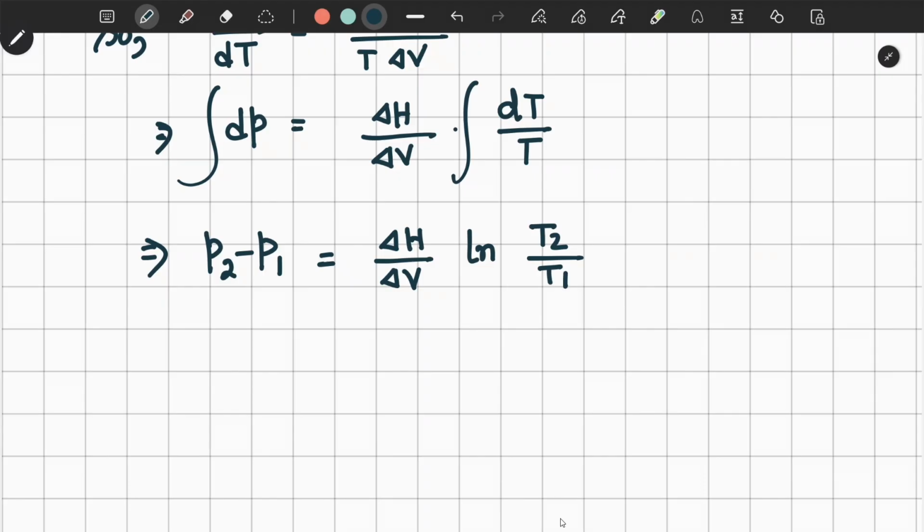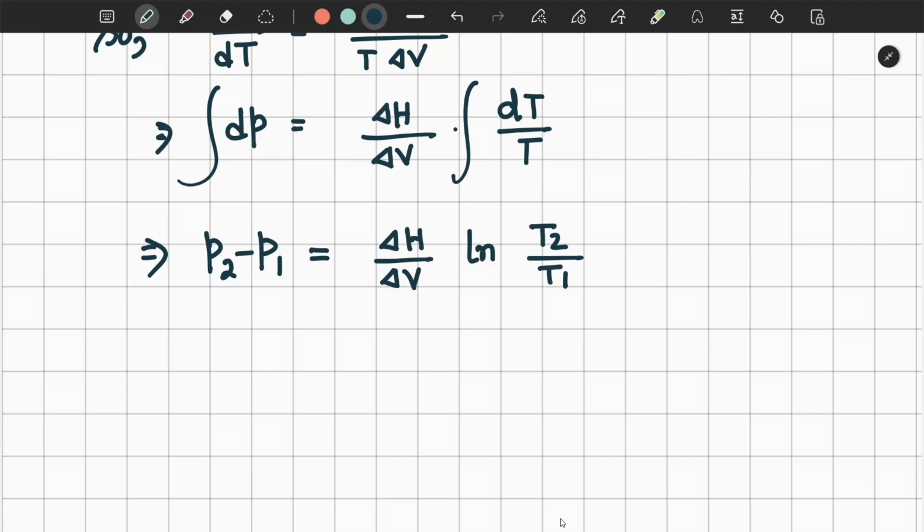So you can see if you write it like this, it is y equals mx plus c kind of, linear. Here y is eventually P2 and x is T2, so T or P, whatever you want to write, but then you have to expand this ln part.